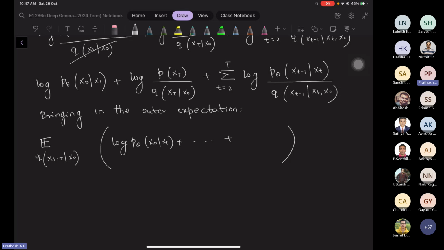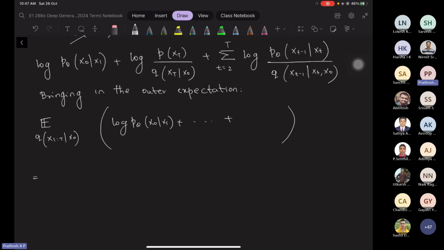Now what is to be noted is this will be equal to the expectation of log of p theta of x naught given x1. This outer expectation will now be with respect to q of x1 given x naught. Why is this?